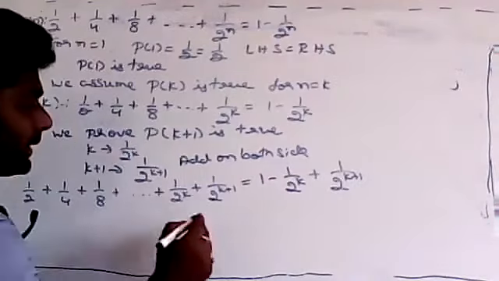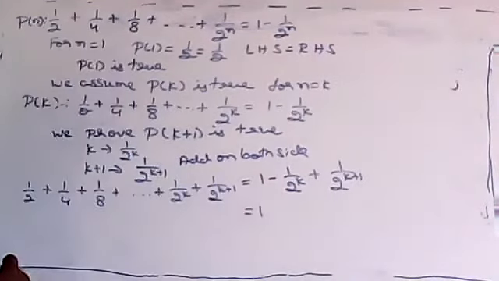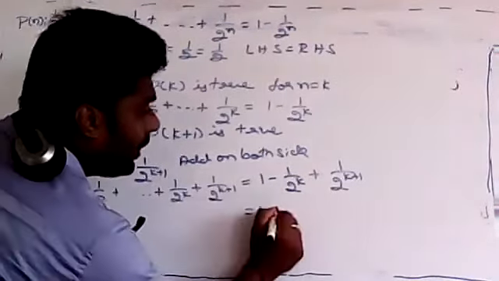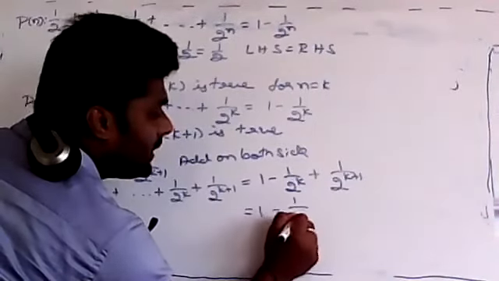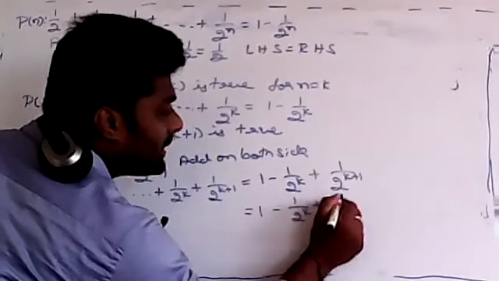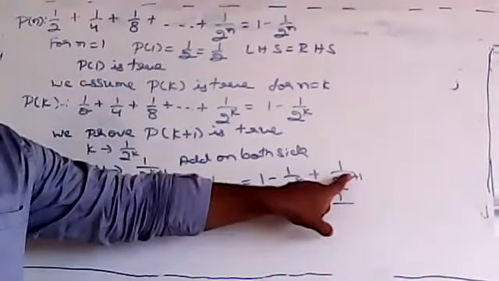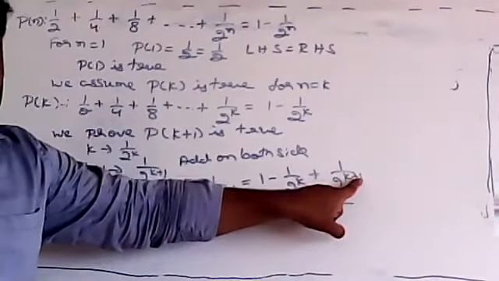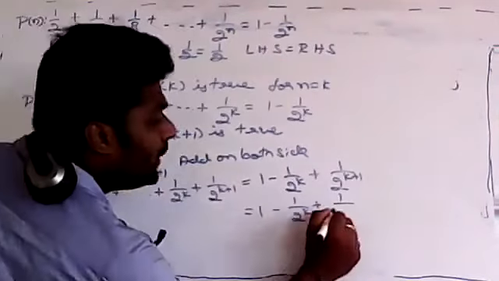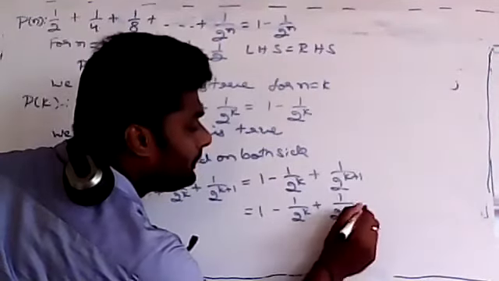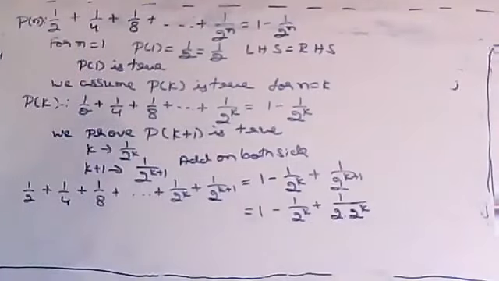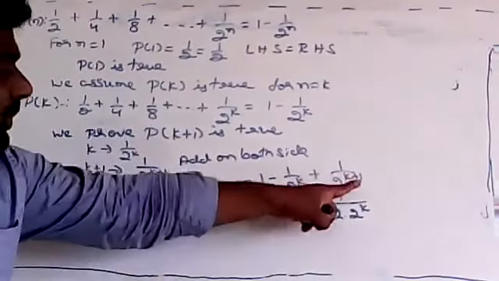Now check here. 1 I am writing as it is. Here I am going to apply the laws of indices. 2 to the power of k plus 1 we write as 2 into 2 to the power of k. Correct? That is nothing but 2 to the power of k plus 1.